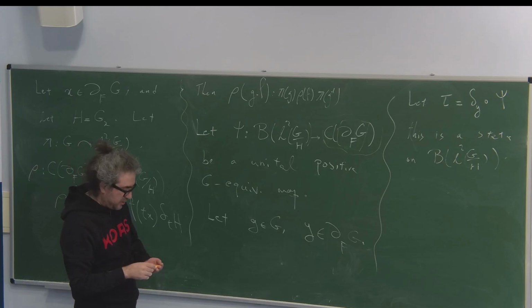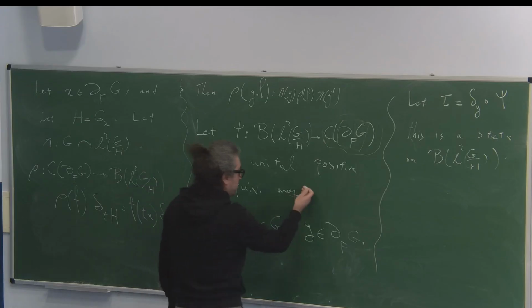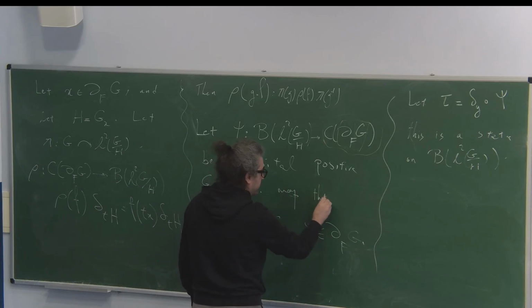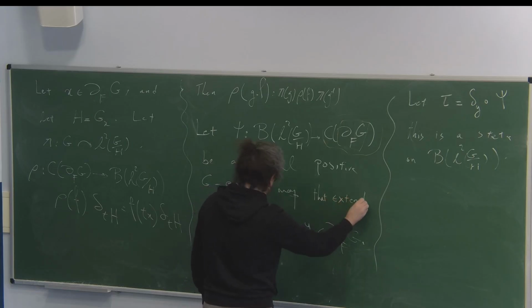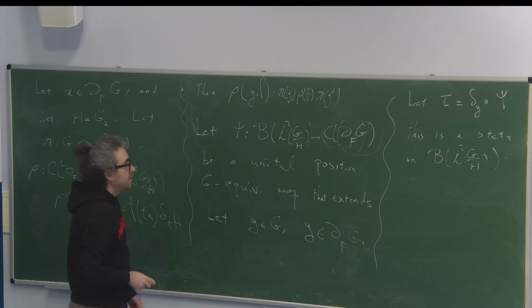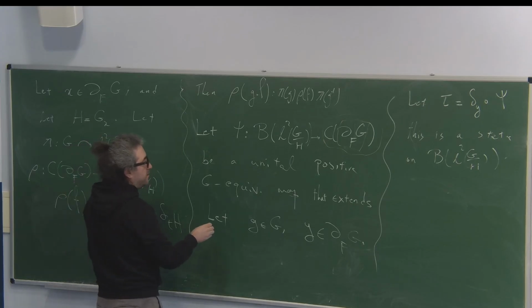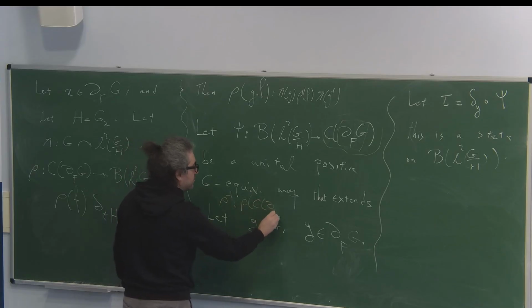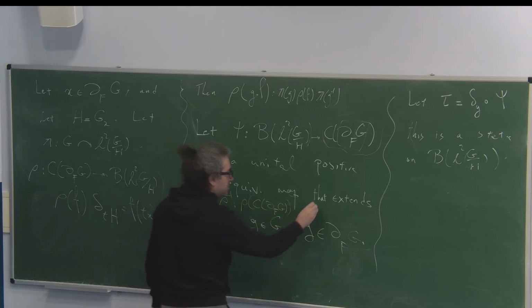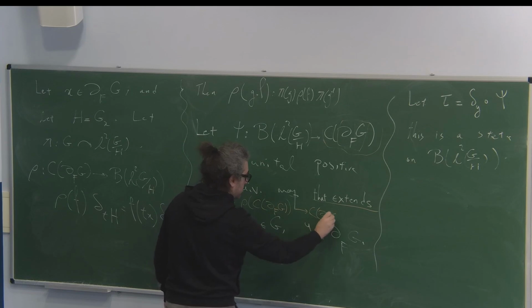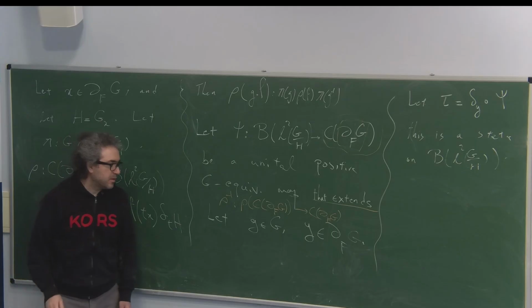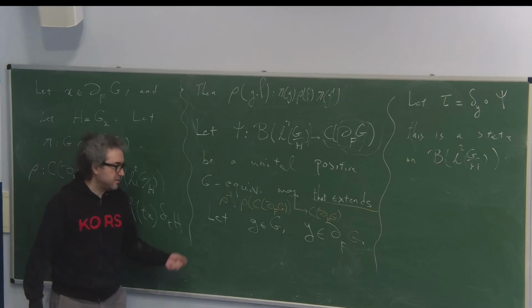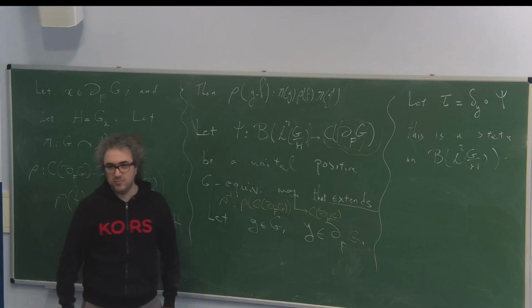I should have said one additional thing here: the map rho inverse from rho of C of the boundary extends to B of L2. I apologize, another fact that I'm just going to say is true.